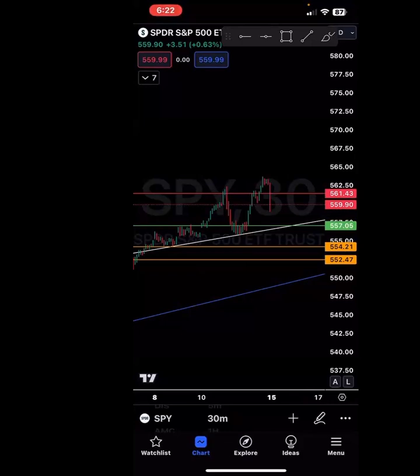So I try to wait at least 15 to 20 minutes and I watch the contract bid ask spread tighten up. If it doesn't tighten that day, I'm going to another stock, something that's more liquid that day.